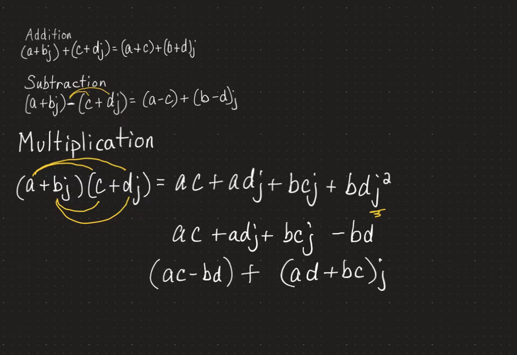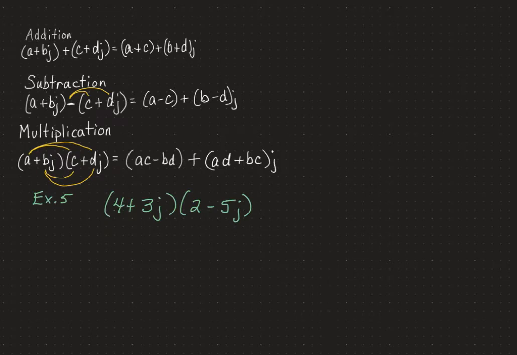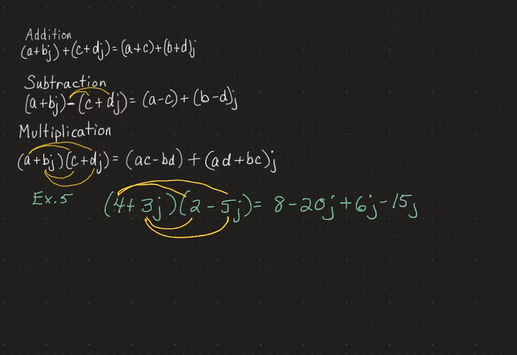Let's use some numerals in an example. So here's example 5. We're going to multiply these two complex numbers. We're going to do it by distributing this 4. It's going to give us 4 times 2 is 8, and 4 times -5 gives us -20j. We are then going to distribute the 3j to each term in the second complex number. So we have 3j times 2, that's a positive 6j, and we have 3j times -5 for a -15j squared, but we know that j squared is equal to -1.